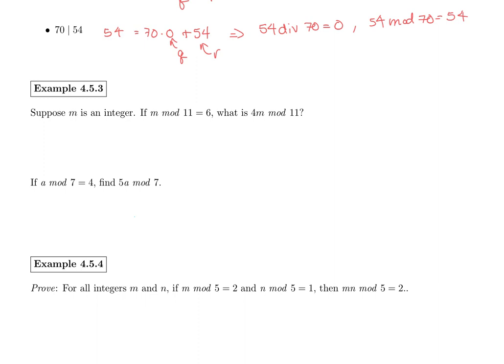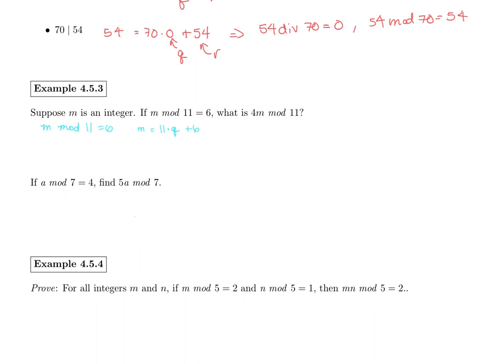So suppose m is an integer. If m mod 11 is 6, what is 4m mod 11? Well, let's start with m mod 11 equaling 6. Remember that 6 is now our remainder. So we know that m is equal to 11 times some quotient q plus 6.